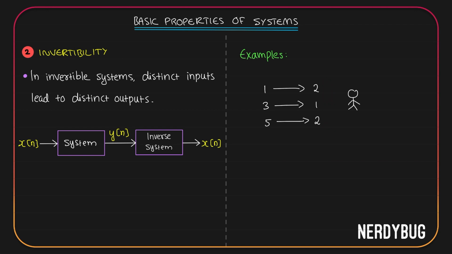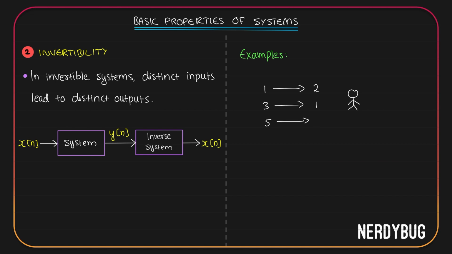Will I be able to design a system that does exactly the opposite of what this system does? No, because I can see 2 is the output of 1, 2 is also the output of 5. So if the output sequence is 2, 1, 2, I don't know if the 2 came from a 1 input or a 5 input. So it will be impossible to do that.